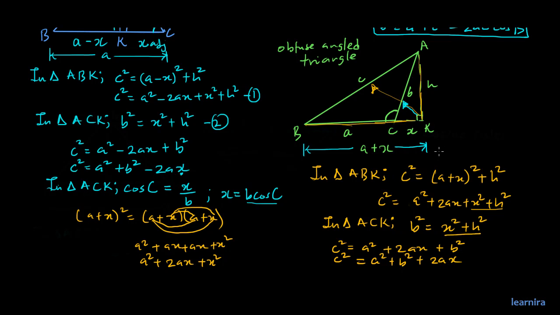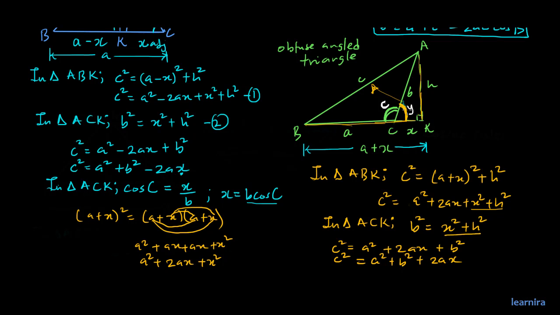Now we can still do something about this x we have here. So we'll come to the small triangle ACK and find this angle here. This green angle is the obtuse angle, and let's say this angle is C. Let's say this other yellow angle is y.